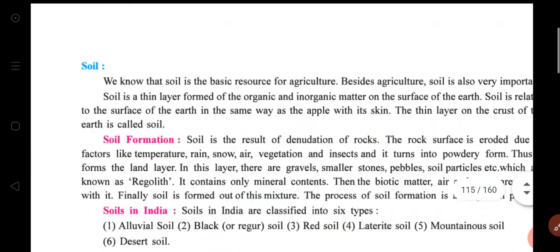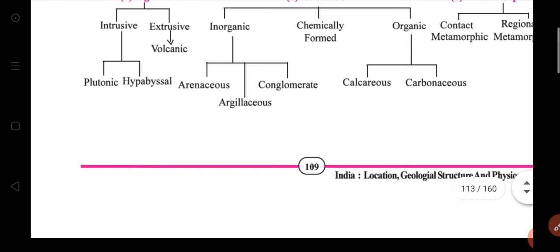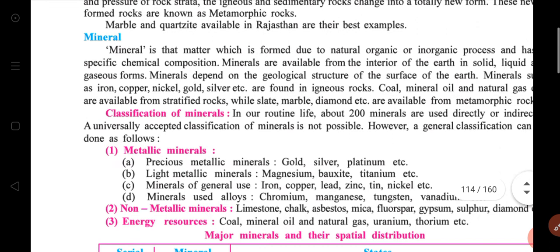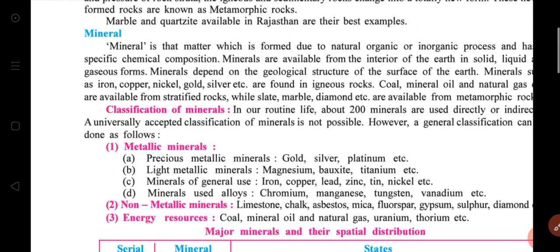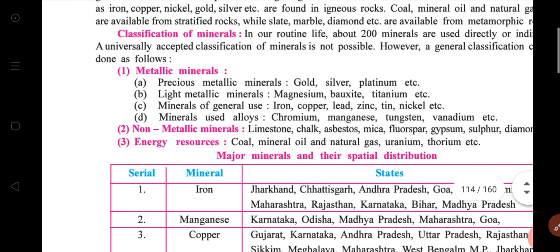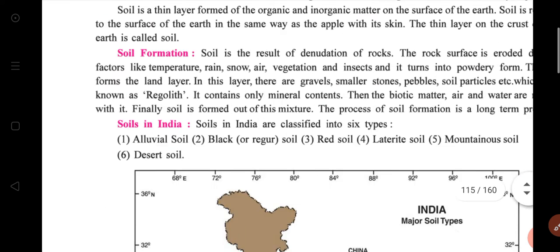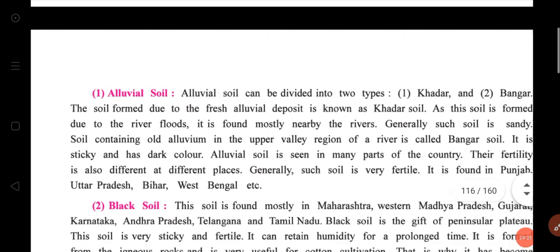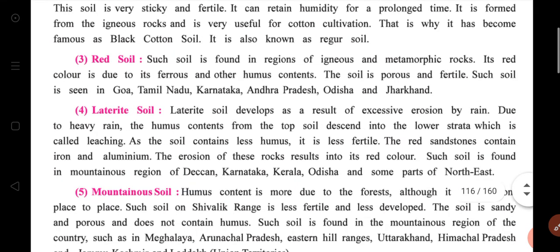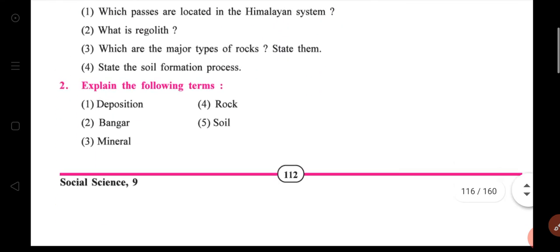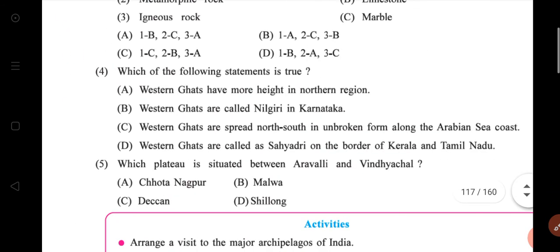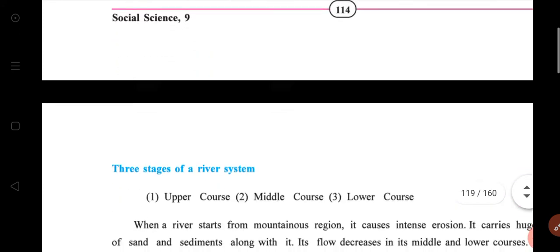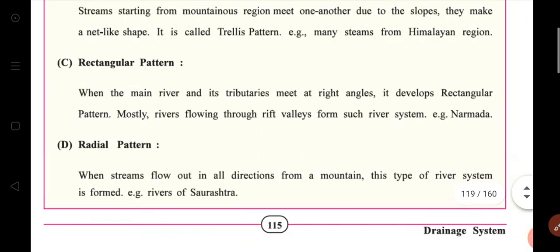In every lecture I told you, please do your homework regularly and submit it on time. Now we have done this chapter, and I will give you some important questions of chapter number 17, because when we did that chapter we didn't take the important questions.